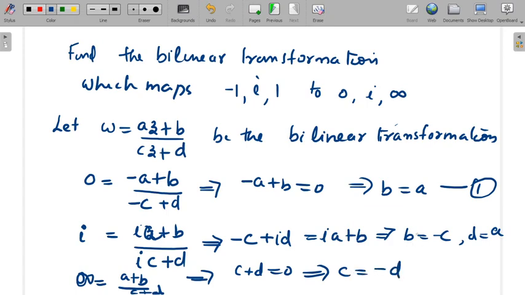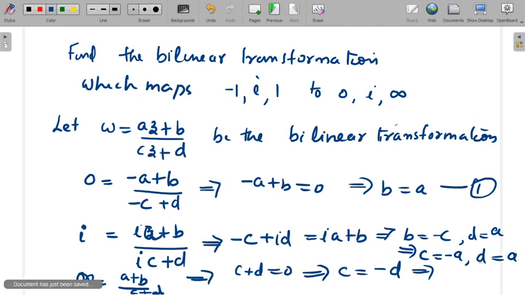And we are trying to find all values in terms of one of the variables. So b is equal to minus c. This implies from this you can write c equal to minus a, d equal to a.